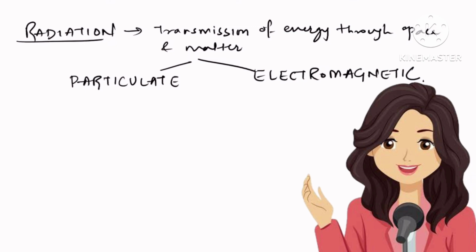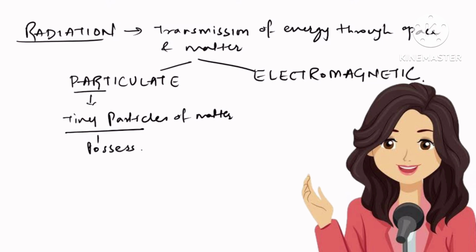Particulate radiation is in the form of tiny particles of matter, and these tiny particles possess mass. They travel in a straight line and at high speeds.